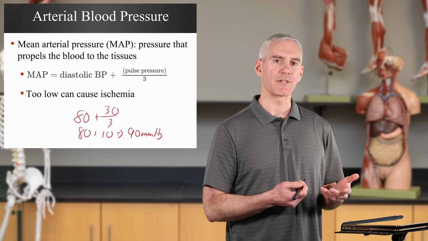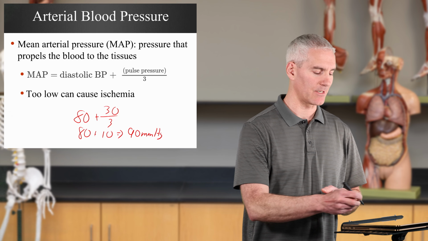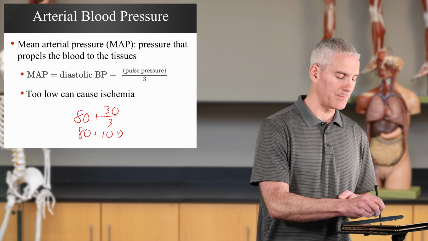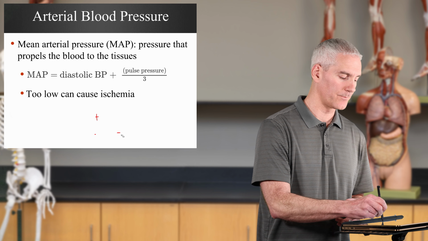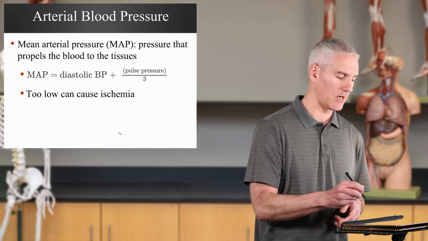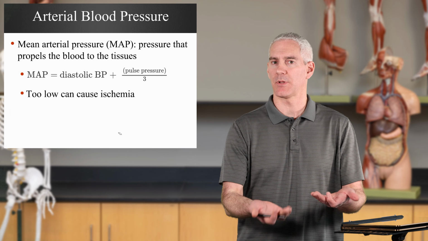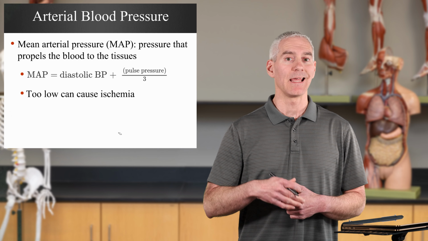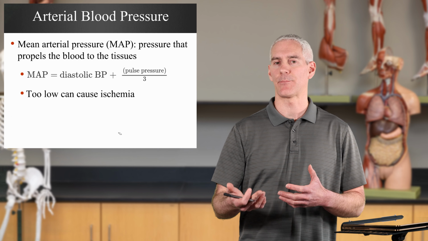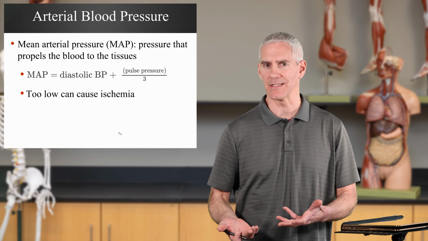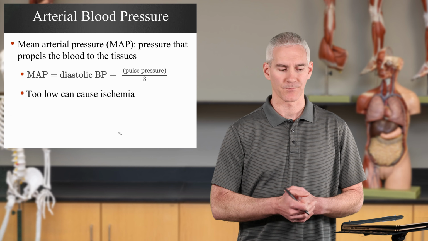Now, it's important to make sure that your mean arterial pressure is high enough, because if your mean arterial pressure is too low, it can cause a problem called ischemia. Basically, ischemia is inadequate blood flow to your tissues. If that happens, you could have a problem with oxygen delivery, nutrient delivery, a whole lot of different problems.